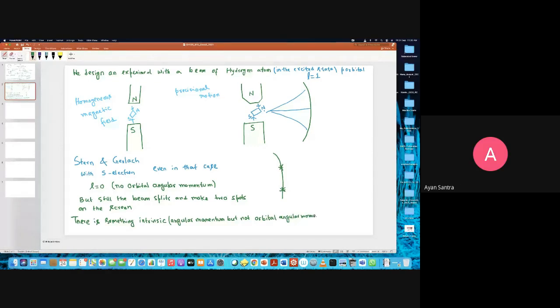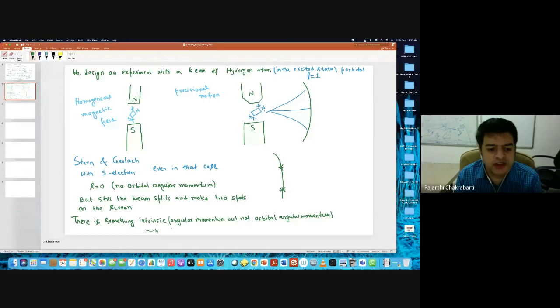Yes, this should generate two different magnetic moments. So this is intrinsic even with the s electron, and this intrinsic angular momentum is attributed to what is known as spin.